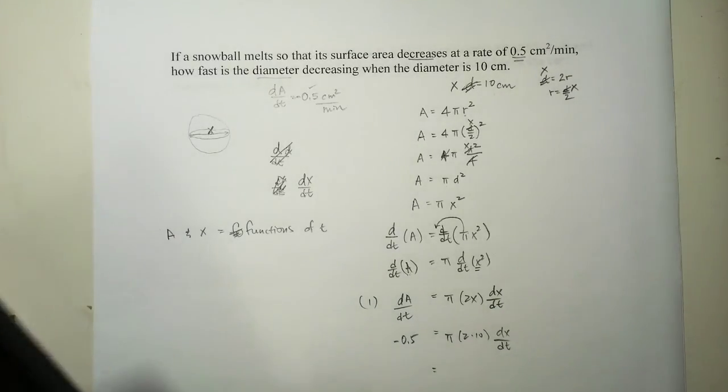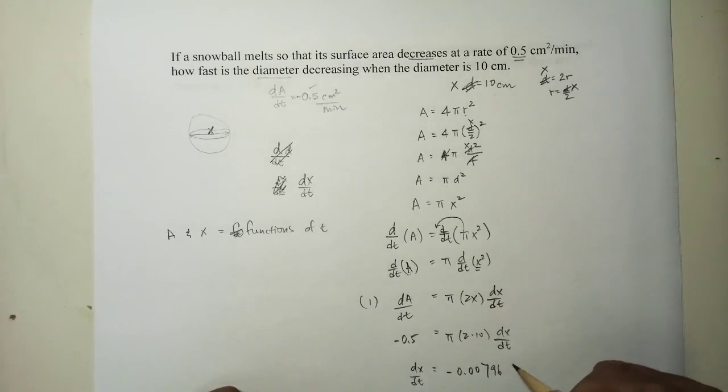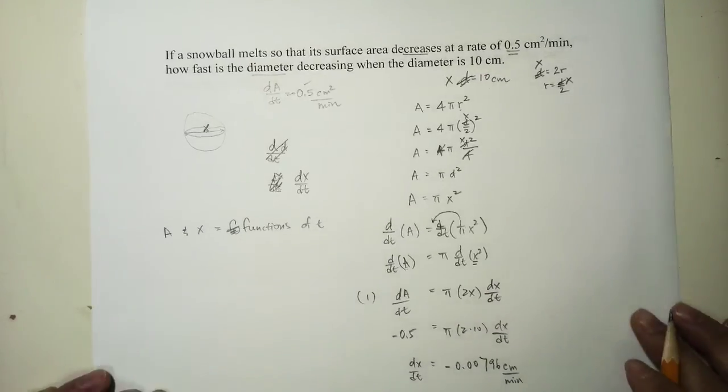If you put everything into the calculator, you will have dx/dt equal to negative 0.00796, and this will be in centimeters per minute. Now, does it make sense to have a negative number?